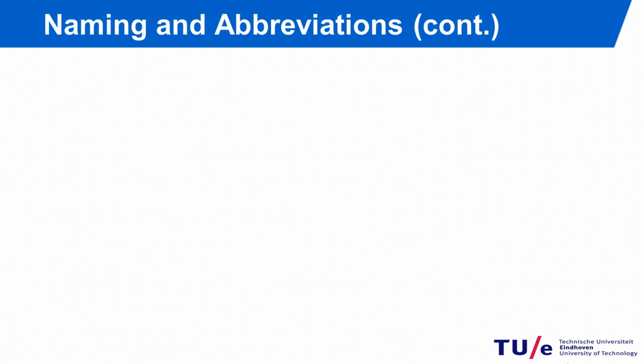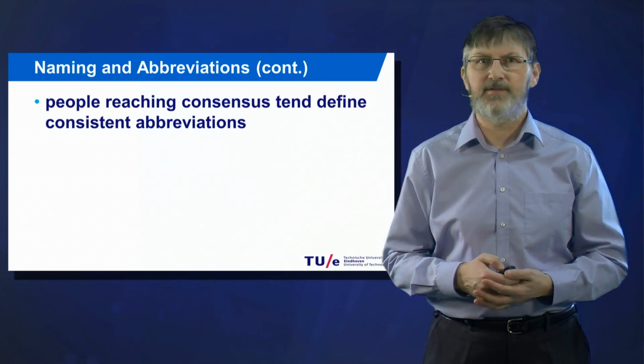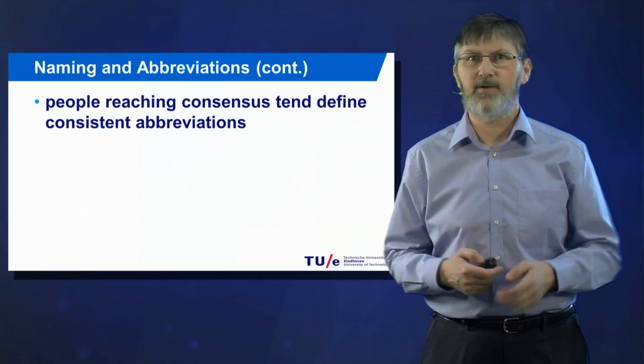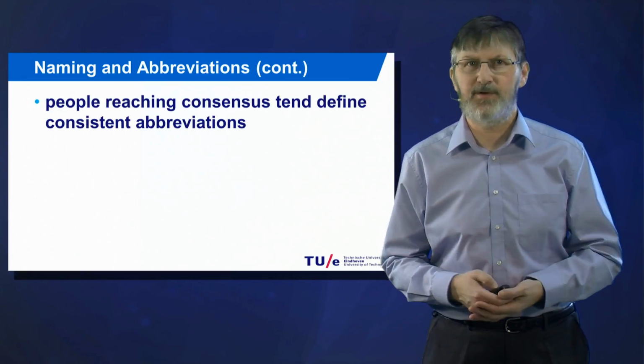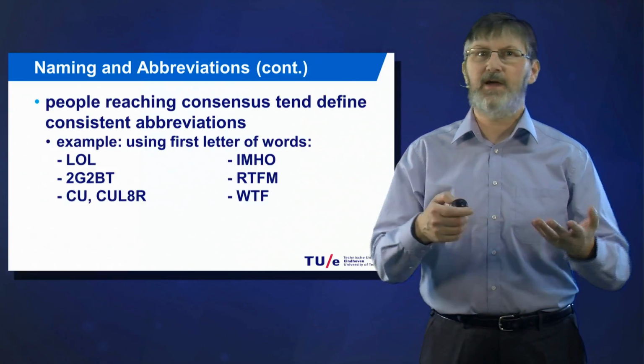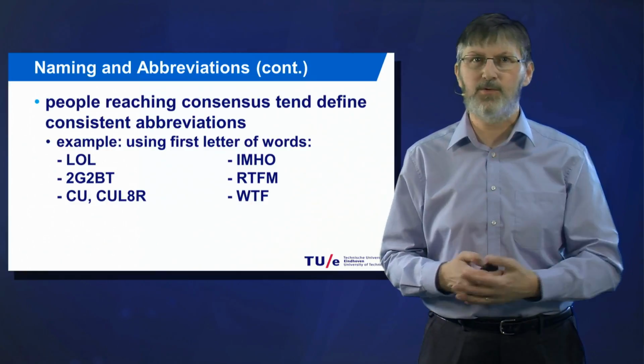The names and abbreviations are often the result of people reaching consensus. Someone invents an abbreviation, other people like it, they start also using it, and before you know it, the whole world knows that LOL means laughing out loud, and CU means see you, and we see too good to be true.